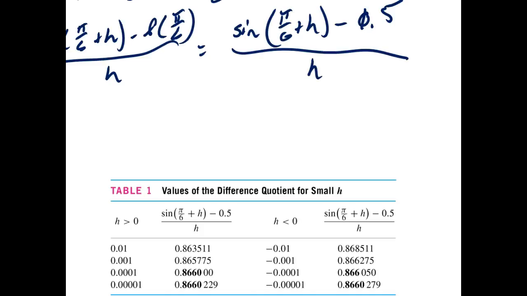Go another one. Open parentheses, sine of pi over 6 plus 0.00001. Close parentheses, minus 0.5. Close parentheses, divided by 0.00001.